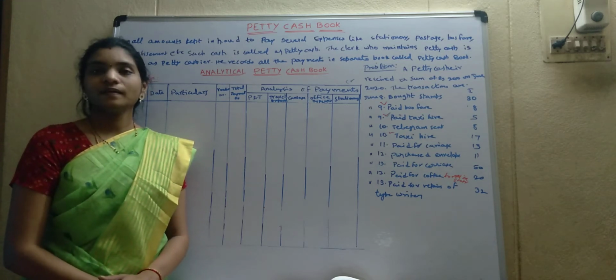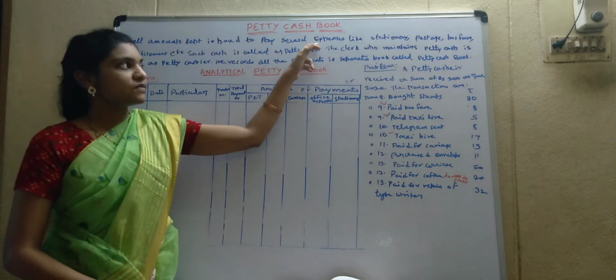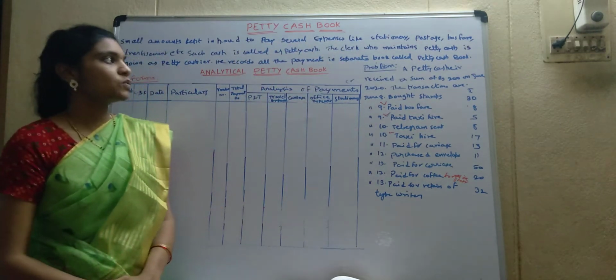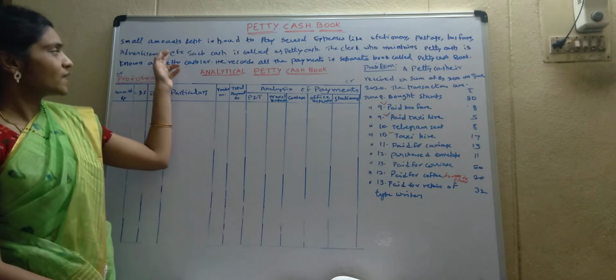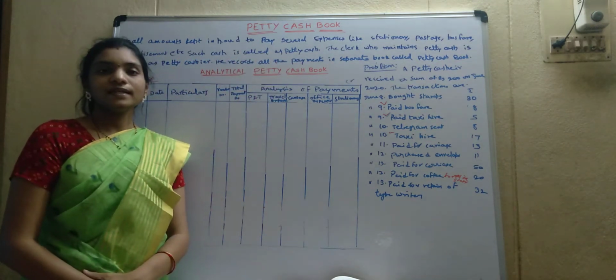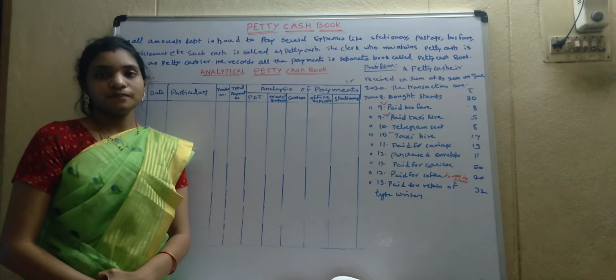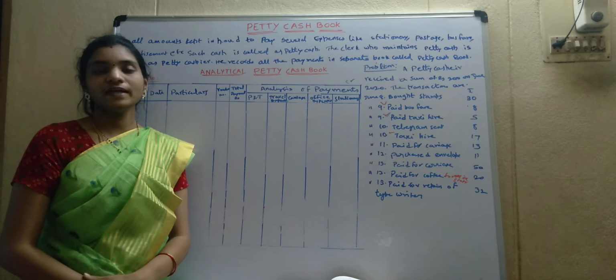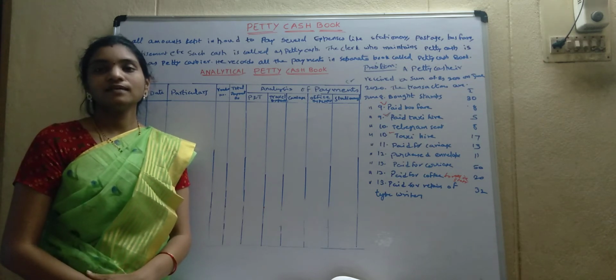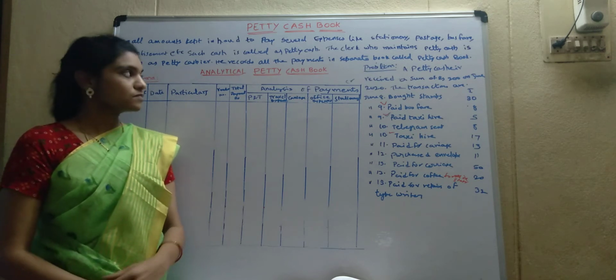Petty cash is small amounts kept in hand to pay several expenses like stationery, postage, bus fare, advertisement, etc. The clerk who maintains petty cash is called the petty cashier.